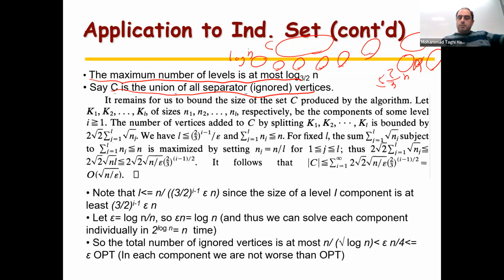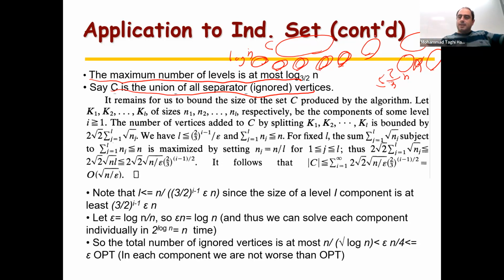Now, as I mentioned, on each of them we can find the independent set in 2 to the log n time, which is polynomial. For each of them we find the independent set here, and we take the union.